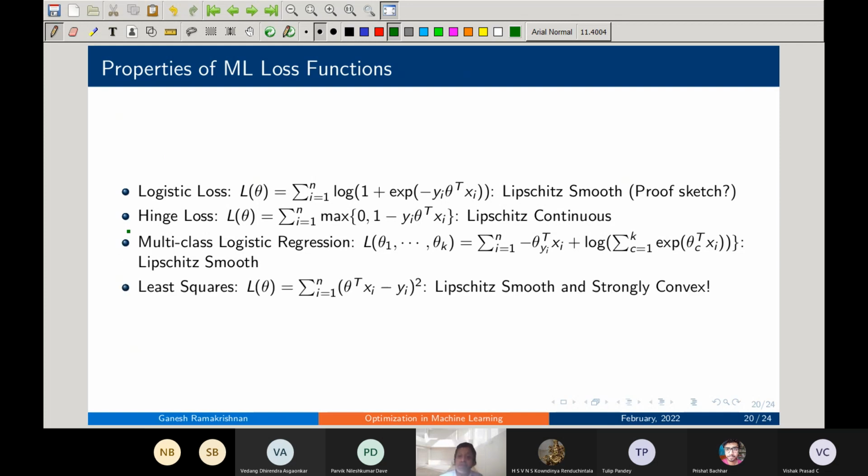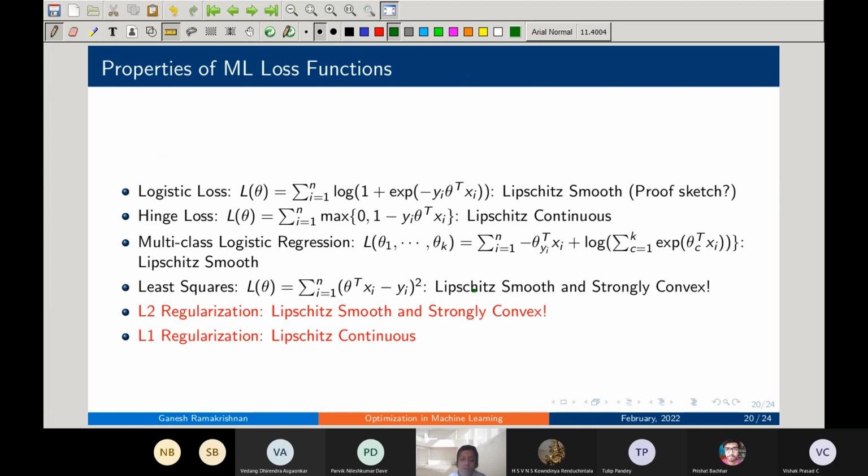Least squares is Lipschitz smooth and strongly convex. This is a very rare combination that you get both, since it's x square like. When you do L2 regularization, you have Lipschitz smoothness and strong convexity. L1 regularization is only Lipschitz continuous.